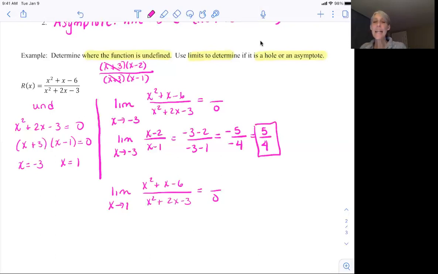Since I get an answer, the point of discontinuity can be described as a hole at x equals -3.